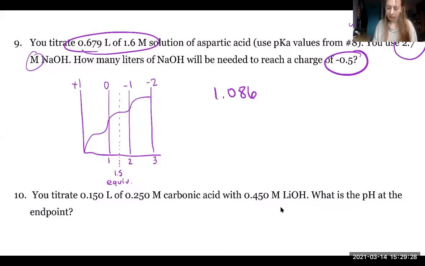Did I do that right? Yeah. Okay, so this is how many moles we start out with. This is how many moles equal to 1 equivalence. Okay, so to get how many moles are equal to 1.5 equivalences, all we need to do is multiply that.